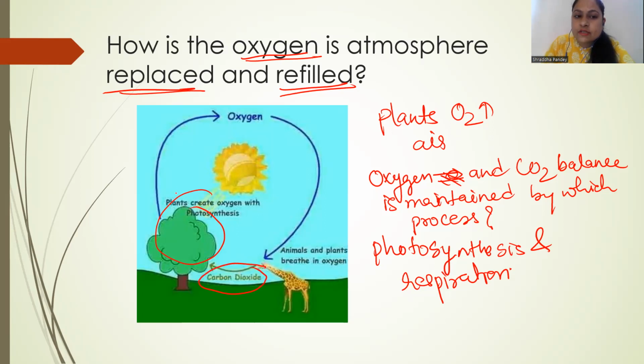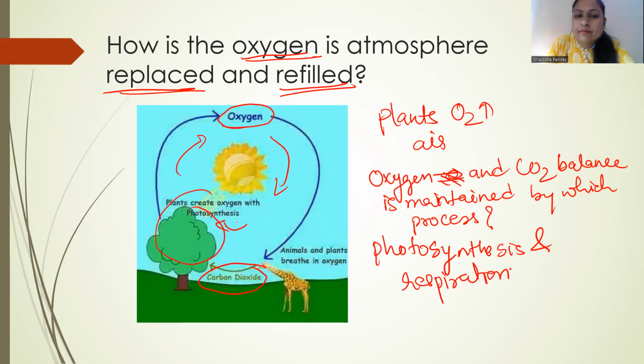And during photosynthesis, plants produce oxygen as a byproduct that is given out in the air. From the air, it is absorbed by the animals. Animals use this oxygen and produce CO2, which is absorbed and used by the plants. Plants again perform photosynthesis with the help of carbon dioxide, and again they produce oxygen.